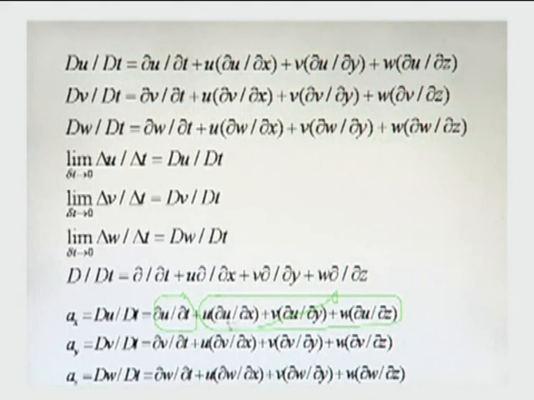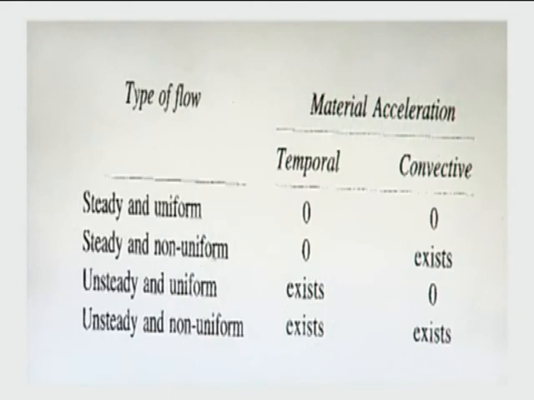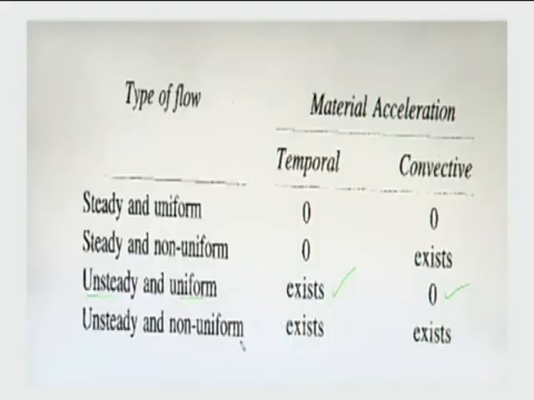So u multiplied by 0 is 0, v multiplied by 0 is 0, w multiplied by 0 is 0, and only the temporal term will exist. So if the flow is unsteady and uniform, then local or temporal acceleration will exist and convective acceleration will be 0.